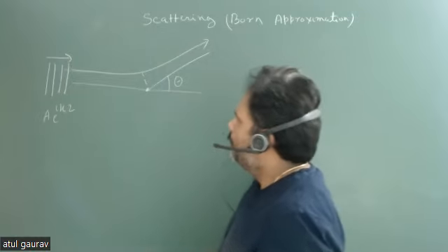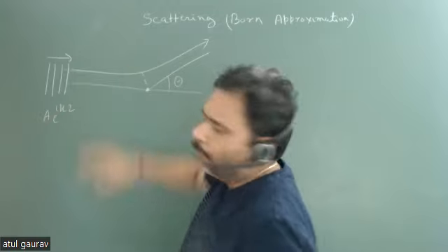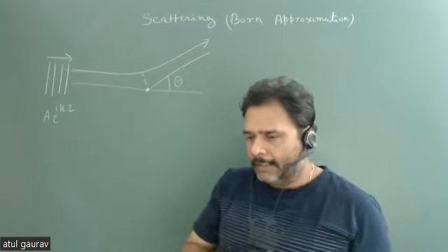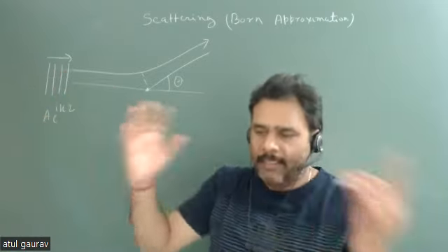Now, when it interacts with this potential, this plane wave will transform itself into a spherical wave. It will come here, interact, and go out like a spherical wave.